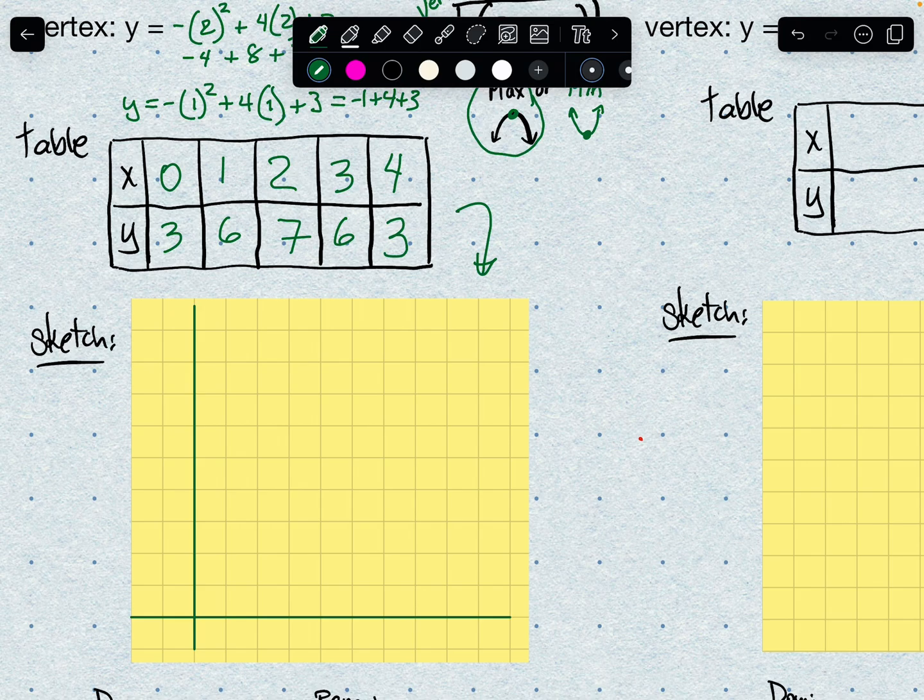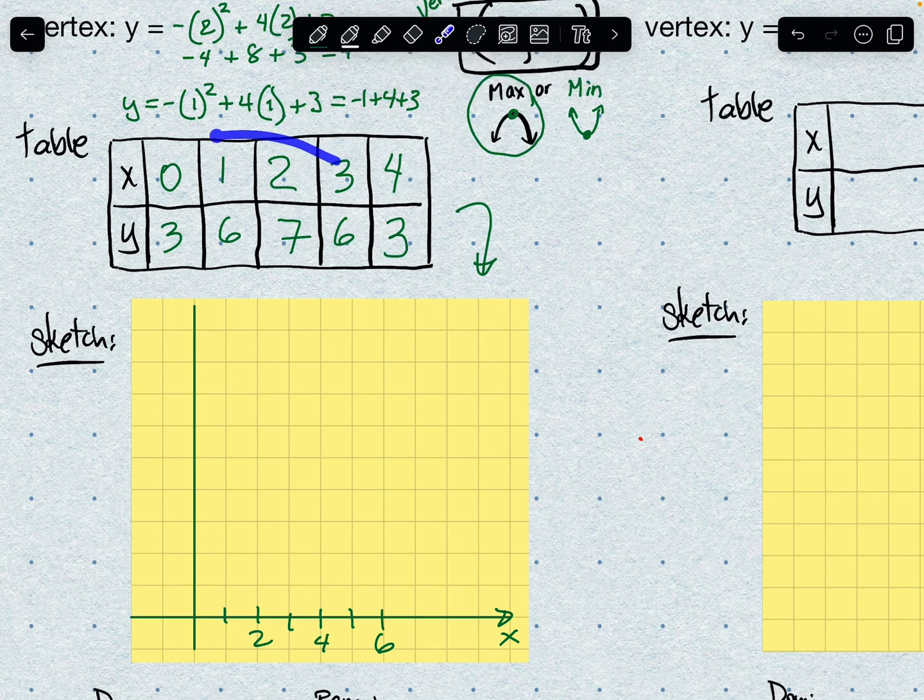All right, so 1, 2, 3, 4. This is the x-axis. I don't need to go beyond 4 because I see that my largest and smallest values in the domain are here. On the y-axis, I've got to go up to 7. I think I have enough to get to 7. We do.